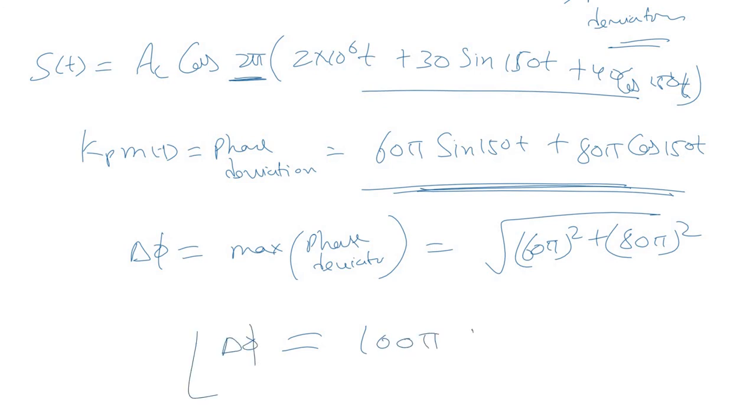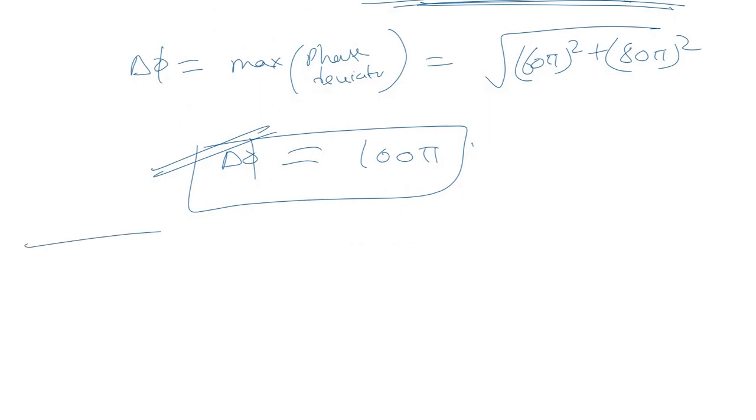This is your maximum phase deviation. So this was all about the phase modulation part that we need to cover in this course. We'll begin unit number 4 from the next lecture. Thank you.